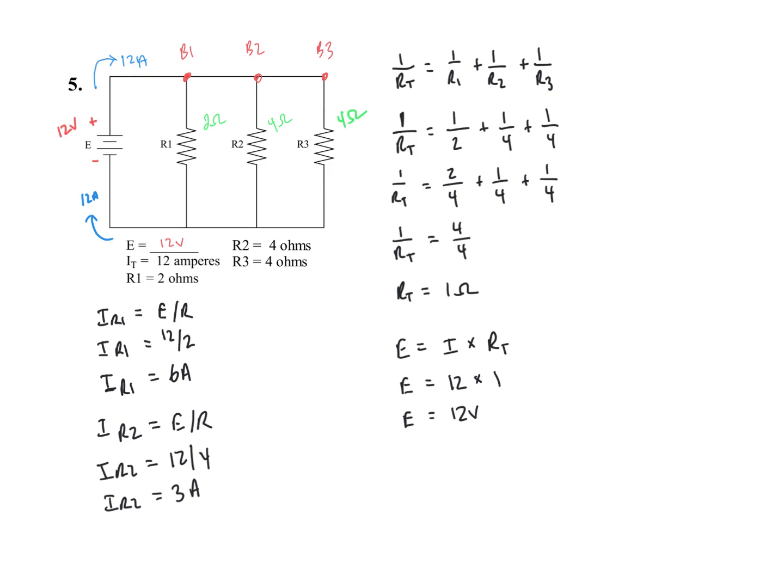And then IR3 will have the same thing, same voltage and same resistance. So we could pencil in here at this point that we've got 6 amps, and then this one is 3 amps, 3 amps.